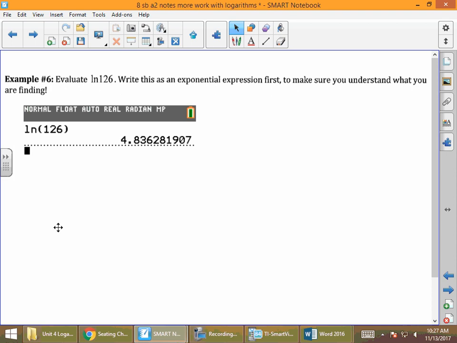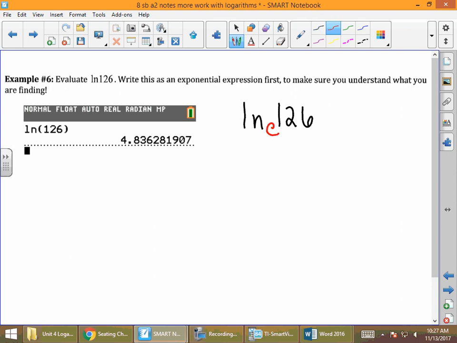Well, what is the calculator really finding when we type in something like this? So I didn't follow my own directions to write this exponential expression first to make sure we understand what we're finding. This is what we're finding. So this is natural log of 126. And our base of the natural log is e.